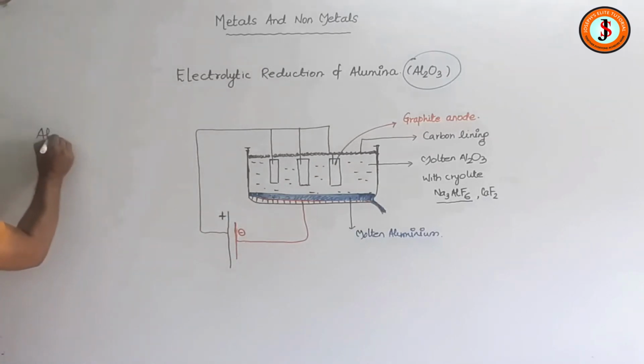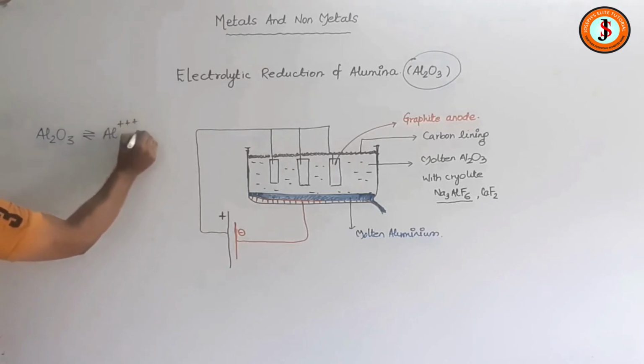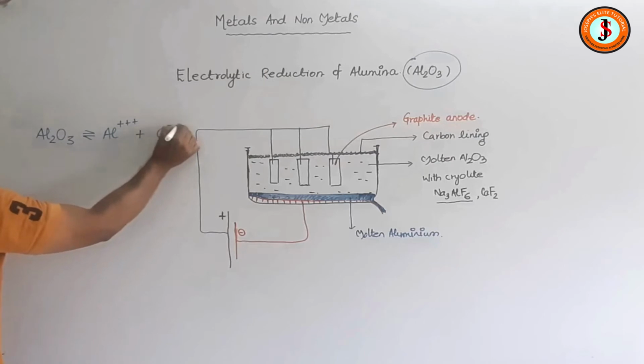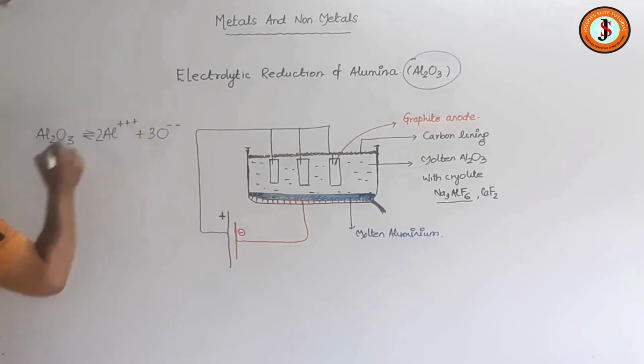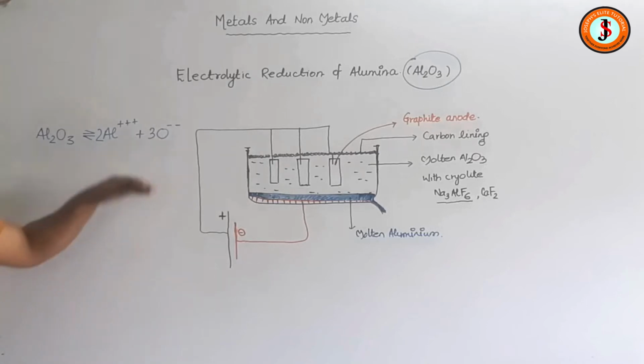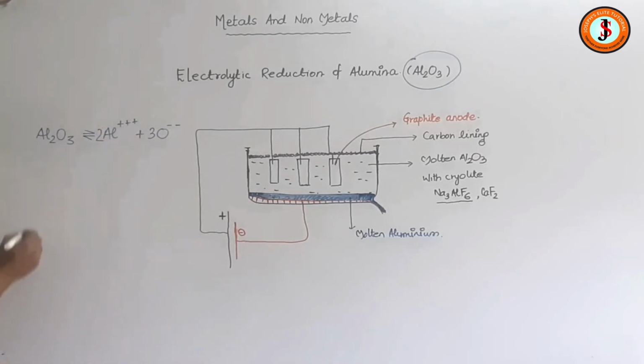It's a complex reaction, but we will see symbolically what happens. So aluminum firstly dissociates. Now the alumina dissociates, and aluminum goes to the cathode.